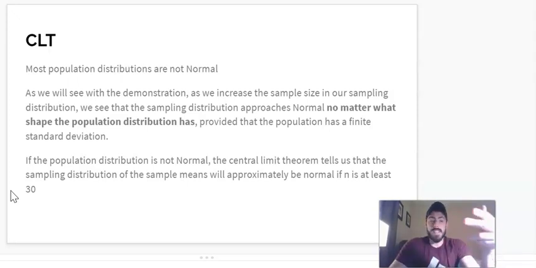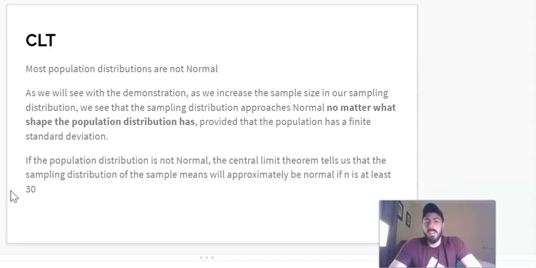Now, we're going to get to see this in practice in a second, because most population distributions are not normally distributed. That's just the sad fact. Normal distributions are easy and convenient to work with, but unfortunately, most of the time, things that we deal with are not actually normal. But when we increase our sample size, as we'll see in the next video, no matter what shape the population distribution has, the sampling distribution will approach normal.